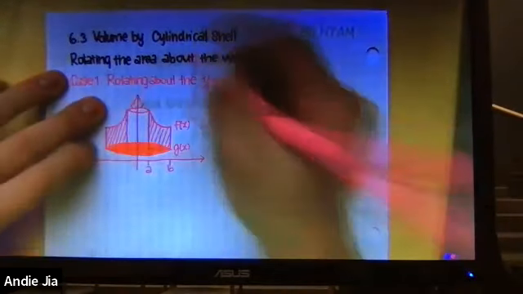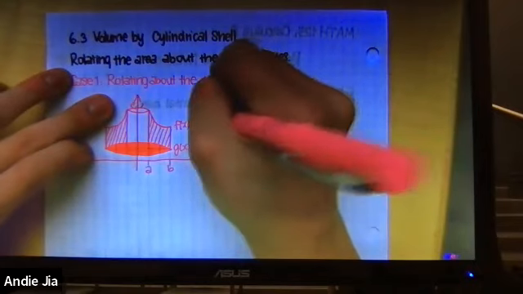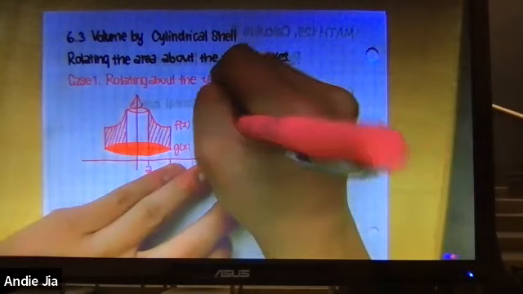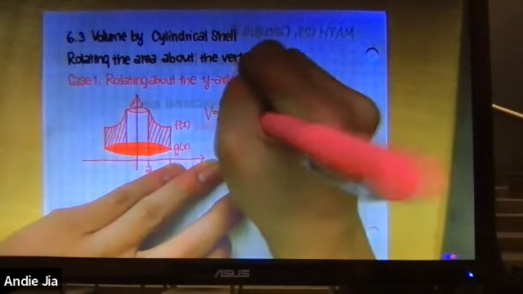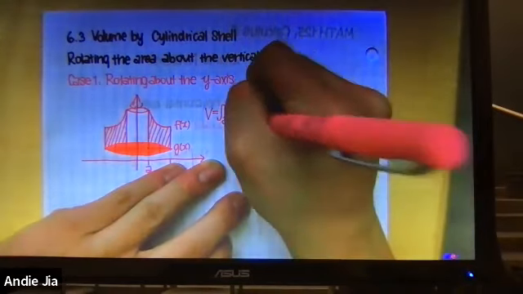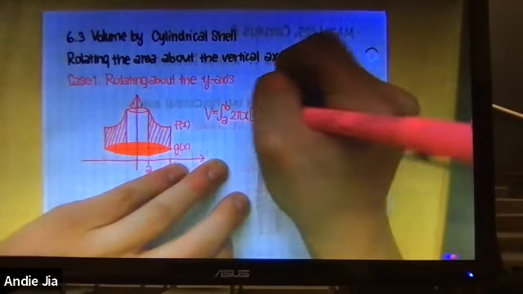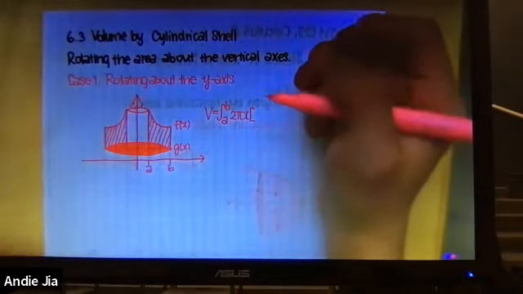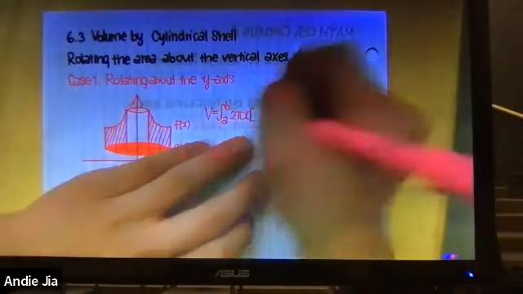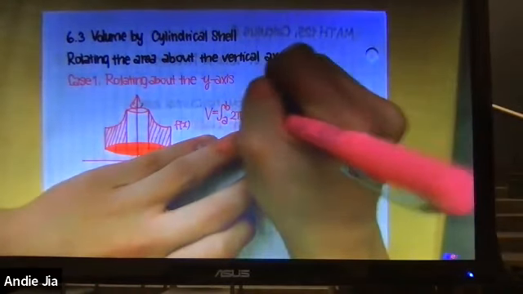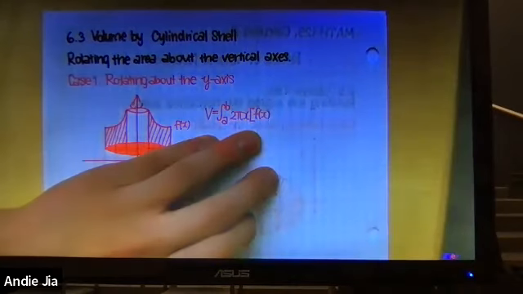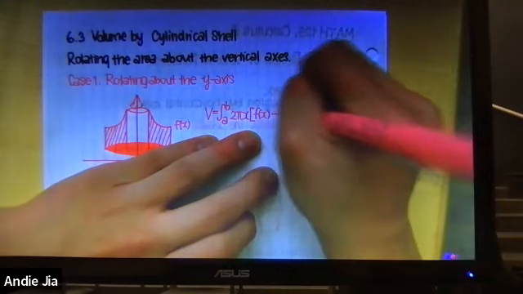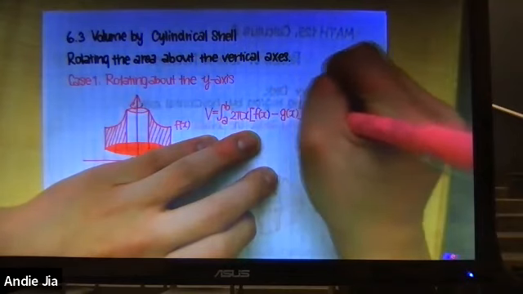And the volume is going to be integral from a to b of 2 pi x, times the area, f x minus g x, dx.